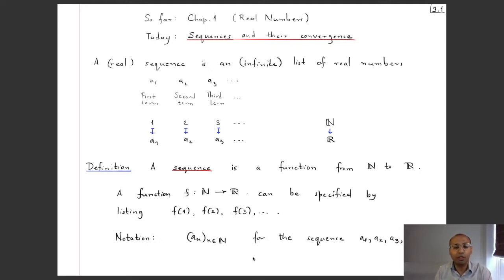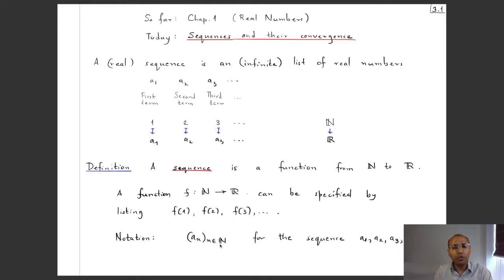Mostly we will use this notation for the sequence, namely a with the subscript n, and n is referred to as the index of the nth term. So a_n is thought of as the nth term, and n, the subscript, is thought of as the index. These indices run through the natural numbers.